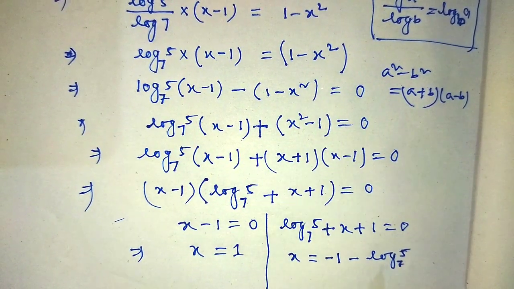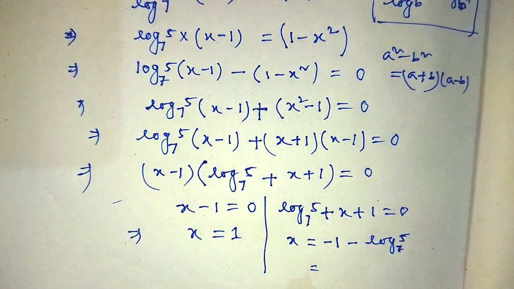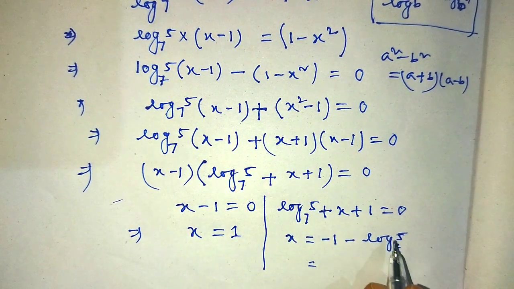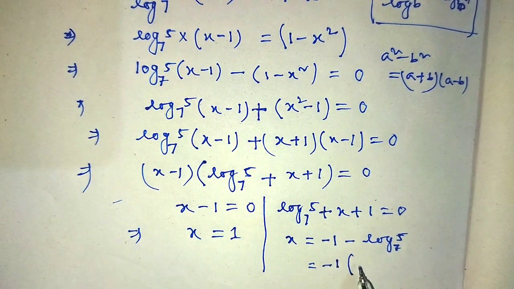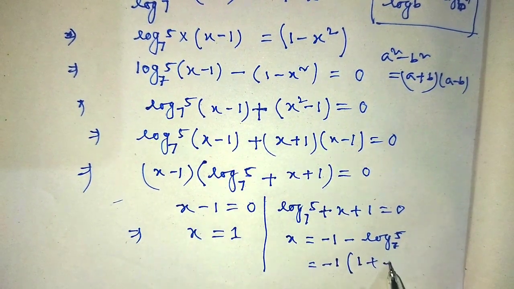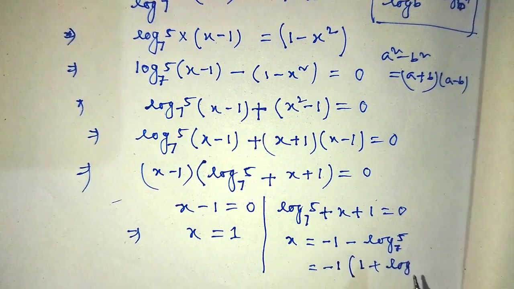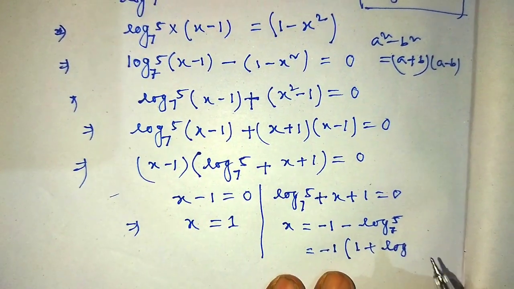We can take common minus 1 from these two terms, so we write minus 1 into 1 plus log of 5 to the base 7.